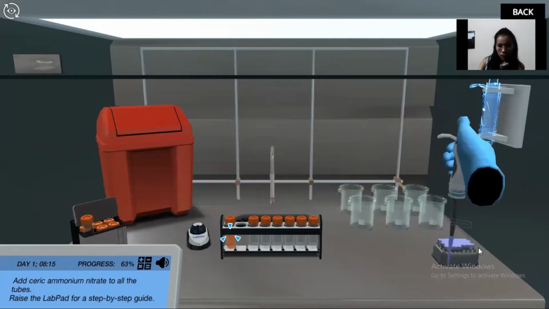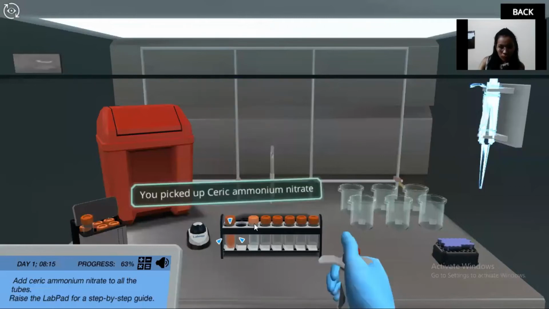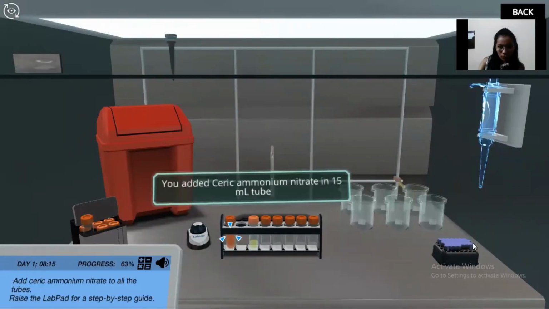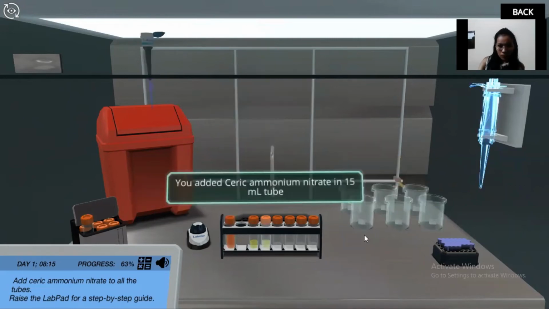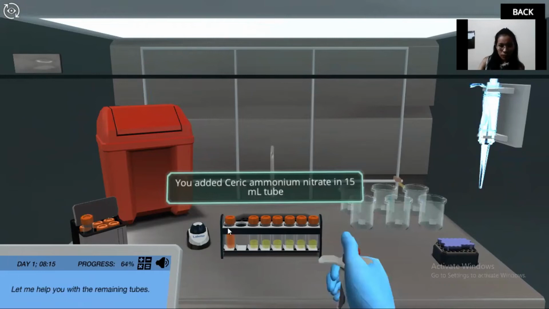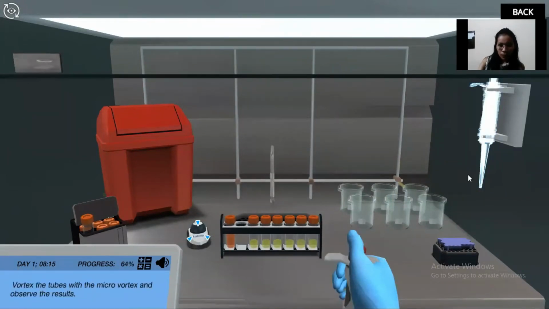Add ceric ammonium nitrate to all the tubes. Raise the lab pad for a step-by-step guide. Let me help you with the remaining tubes. Vortex the tubes with the microvortex and observe the results.